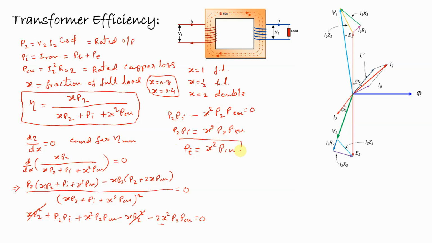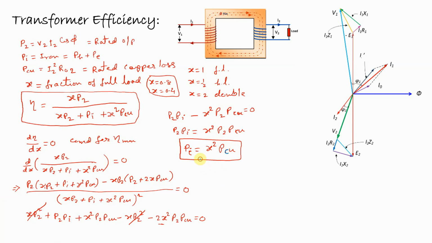So this is the condition for maximum efficiency of a transformer. And what does it state? It states that Pi is the iron loss and x square PCU is the copper loss for the load at which the transformer is operating.